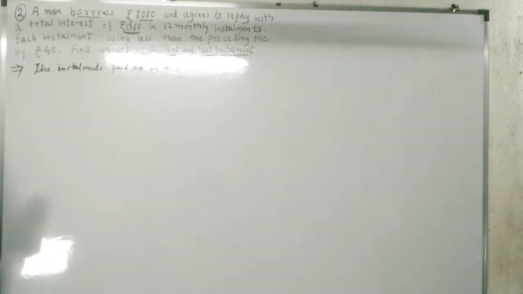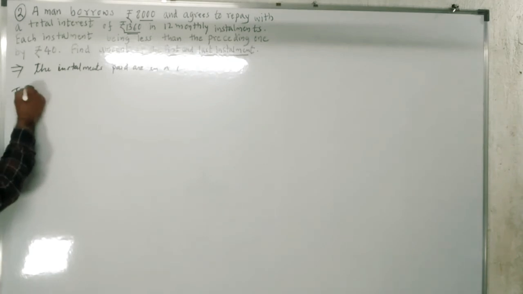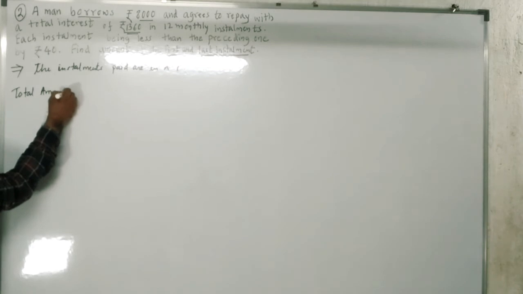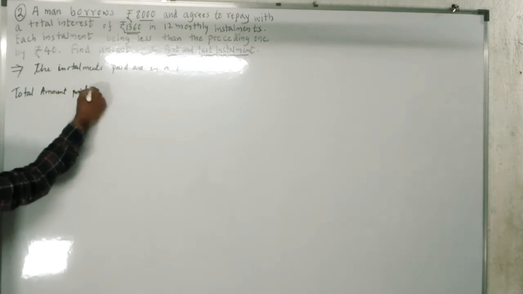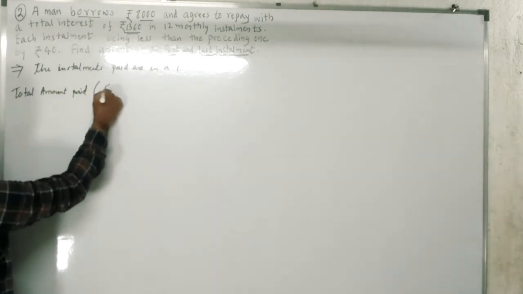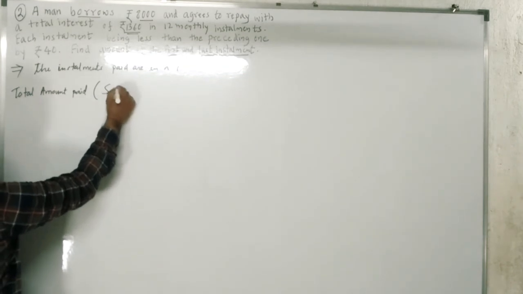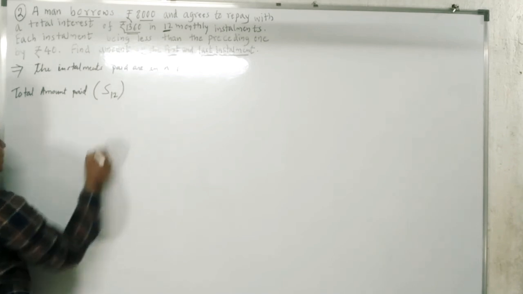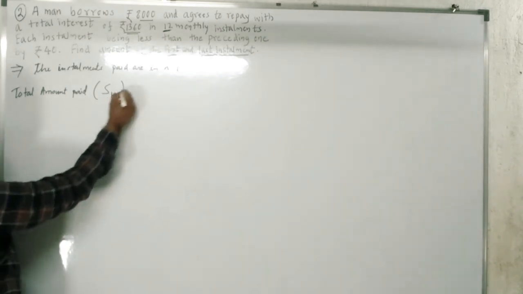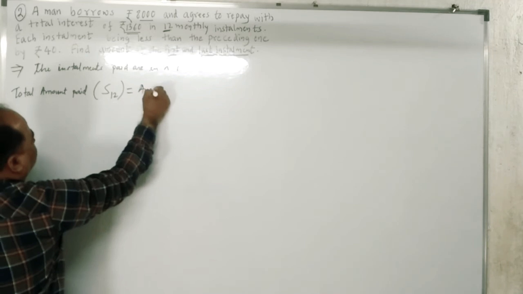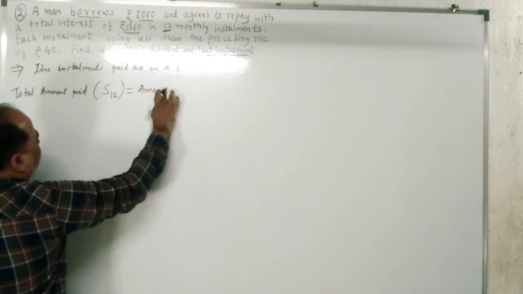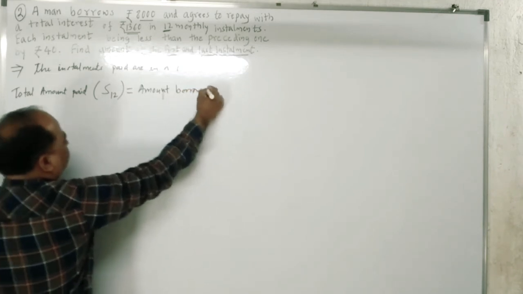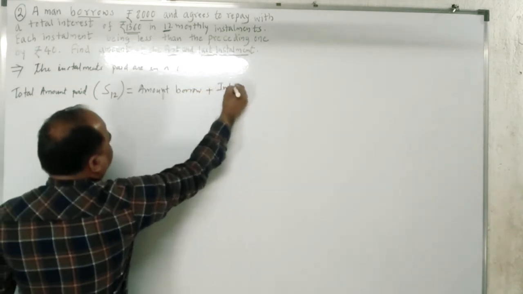So, the total amount paid is S_n, with n equal to 12, S_12, is equal to the amount borrowed plus interest.